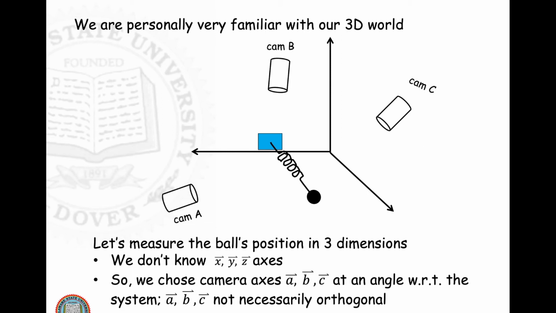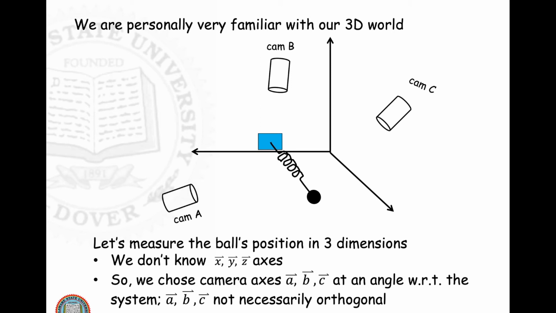So we don't really know the true X, Y, and Z axes. I know I just told you they're there, we know what R3 is, but this is typically how most real experiments play out. You don't know the true axes governing the motion that you observe. You only observe what's measured by the cameras.